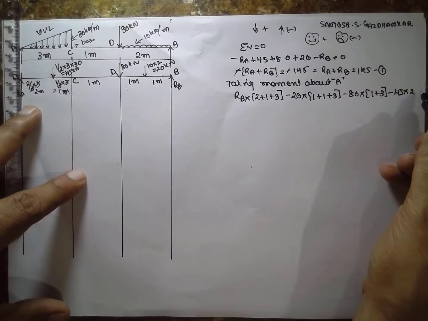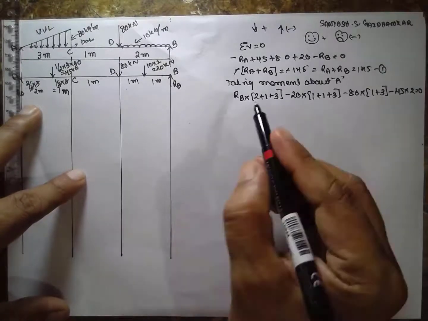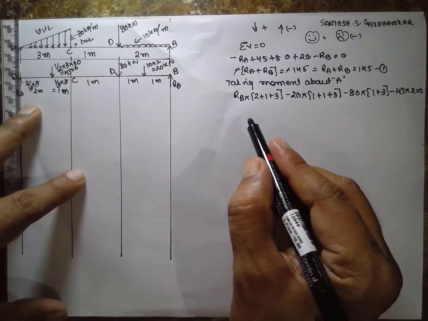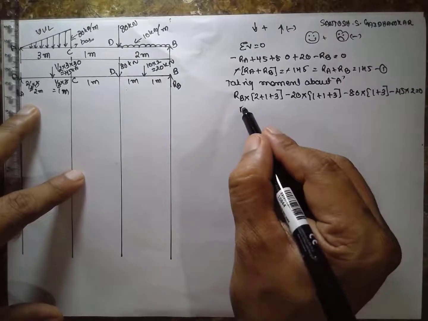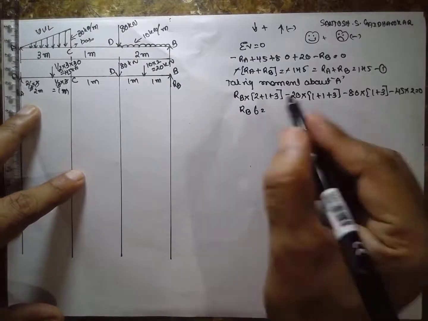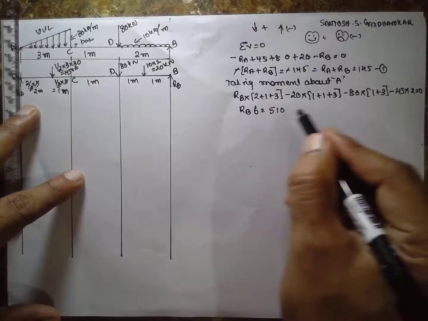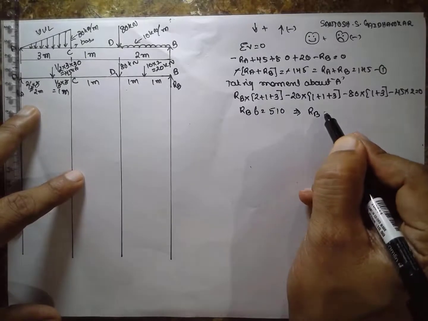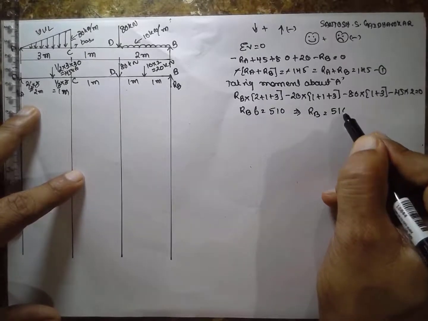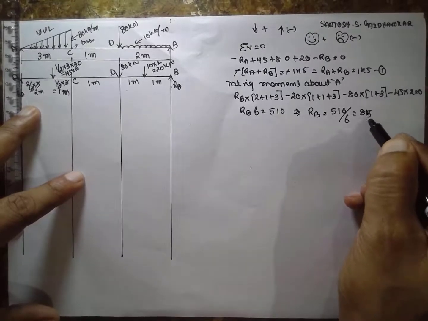Next, minus 45 into distance, that is 2, is equal to 0. Now RB is 6. If you bring this entire term this side, it becomes 510. Therefore RB is equal to 510 divided by 6. The answer is 85 kilonewton.